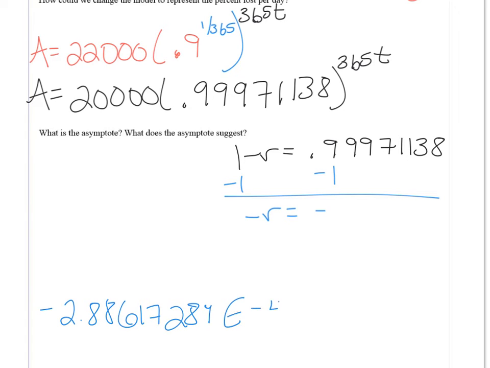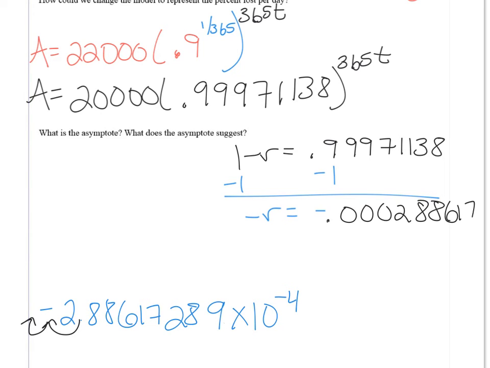e negative 4. And what this e negative 4 really is, is scientific notation. So that's times 10 to the negative 4. Because that exponent is negative 4, we're going to go 4 decimal spots to the left. 1, 2, so that is negative 0.0002888617.